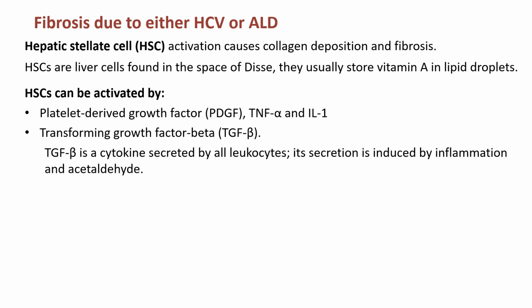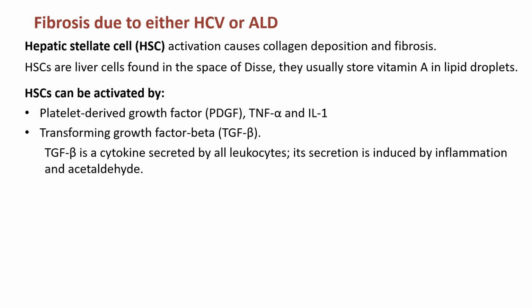But in an inflammatory situation, they can become activated by various inflammatory mediators. One is platelet-derived growth factor, PDGF, and two of our big boys, TNF-alpha and interleukin-1. Also, they can be activated by transforming growth factor beta, TGF-beta.